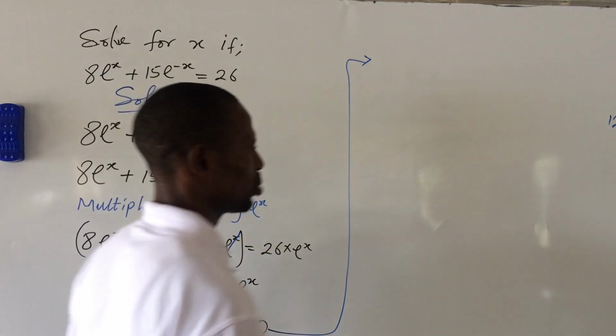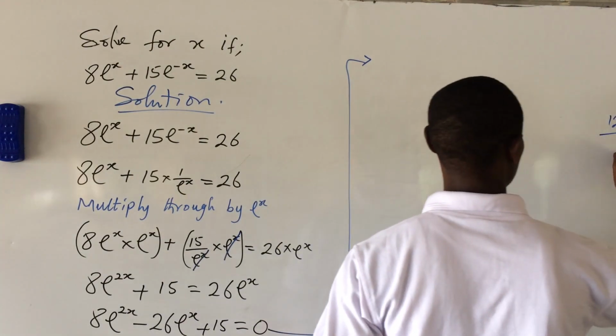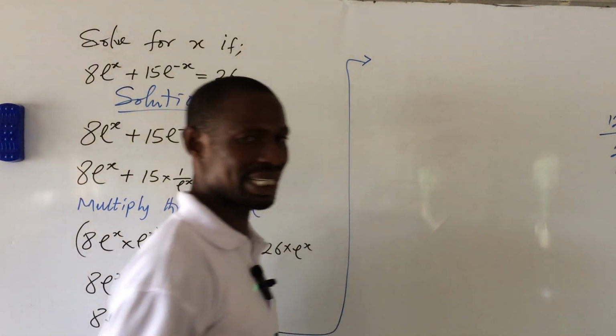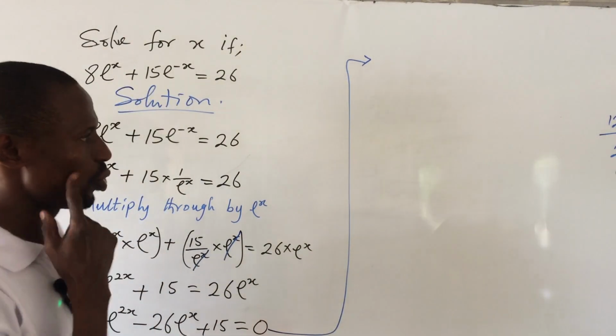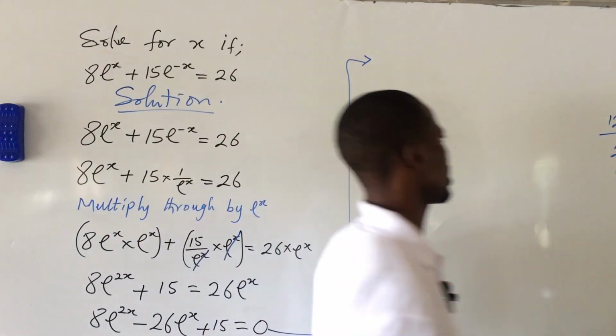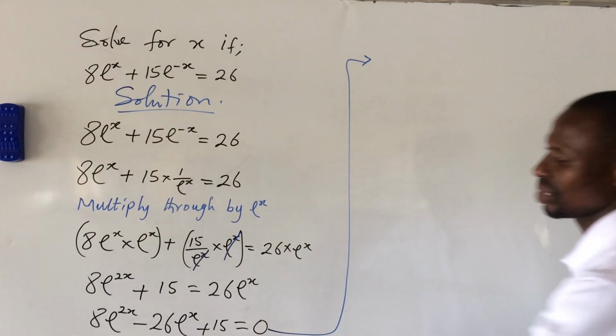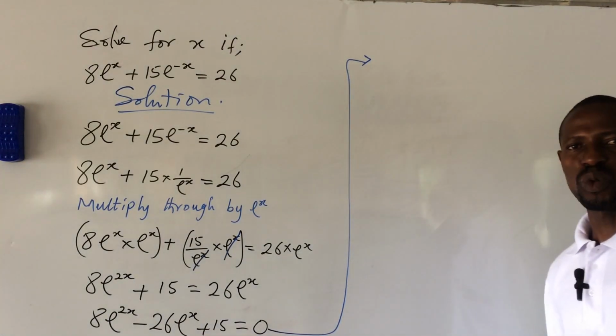Without waste of time, the two factors are 20 and 6. If you use 20 times 6, that will give us 120. Now, if you add 20 to 6, that will also give us 26.